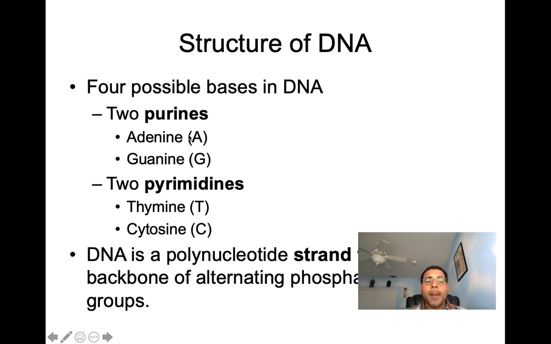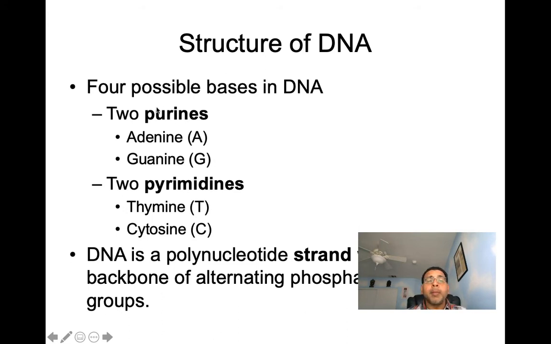Adenine is abbreviated with a capital A, guanine is abbreviated with a capital G, and our 2 pyrimidines, thymine, abbreviated with a capital T, and cytosine, which is abbreviated with a capital C. Thymine and cytosine are going to be single ring structures. They have only 1 ring to their structure. Our purines, they have 2 rings to their structure.